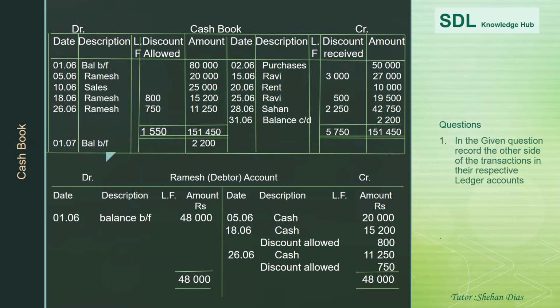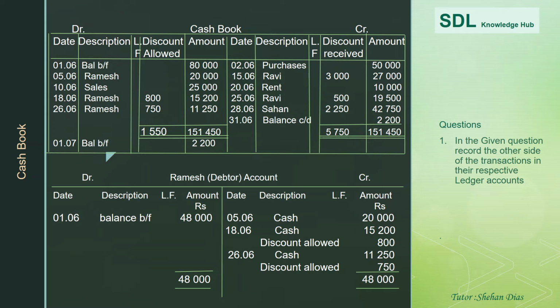Then on 18th June, a 5% discount was allowed to Ramesh when he settled his due of 16,000. So the discount amount is 800. We can record this on the debit side because cash is received from Ramesh.